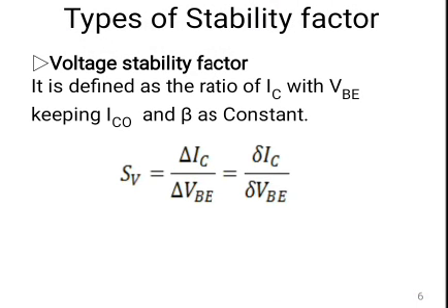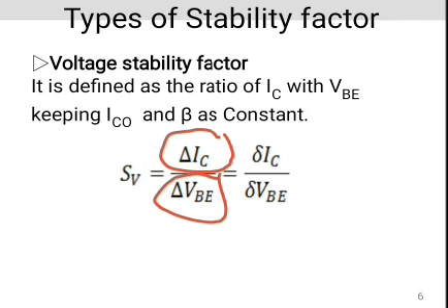Second one, voltage stability factor. It is defined as the ratio of change of IC with VBE. Change of IC means delta IC with VBE, delta VBE.